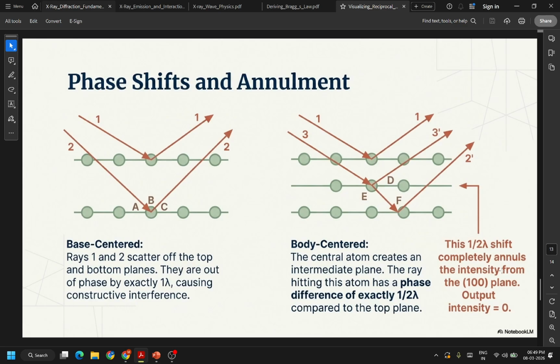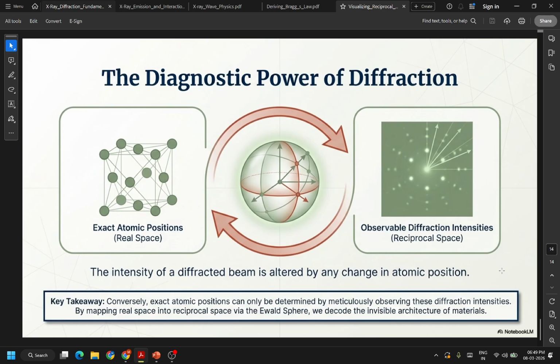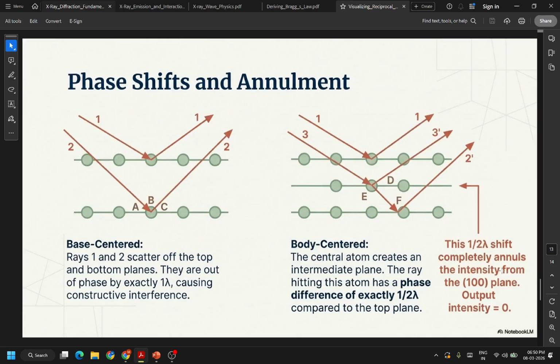So this results in destructive interference, and it results in zero output intensity. So for the same orientation, in one case it gives maximum intensity, in the other case it gives zero intensity. This gives us diffraction rules for different types of crystal structures.